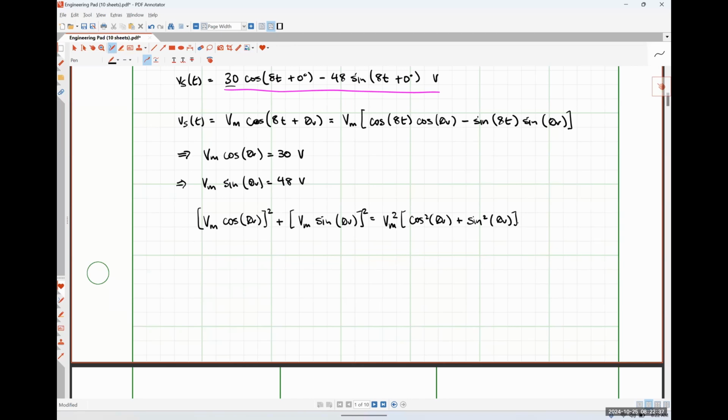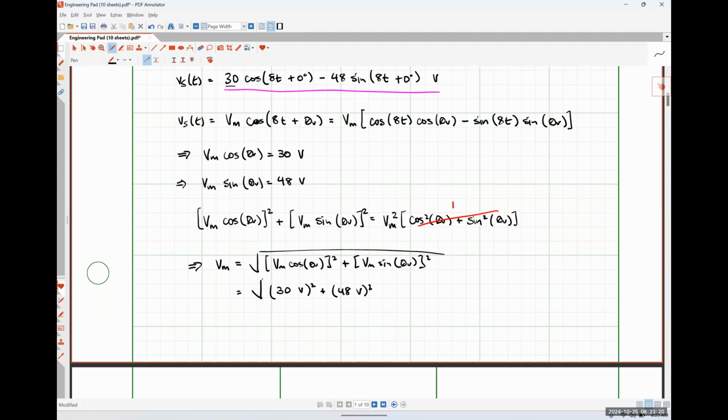Cosine squared plus sine squared of the same angle is 1, absolutely. So this whole thing right here goes to 1, and from that, we could say that our magnitude Vm is just the square root of Vm cosine theta v quantity squared plus Vm sine theta v quantity squared, which is literally just the square root of 30 volts squared plus 48 volts squared.